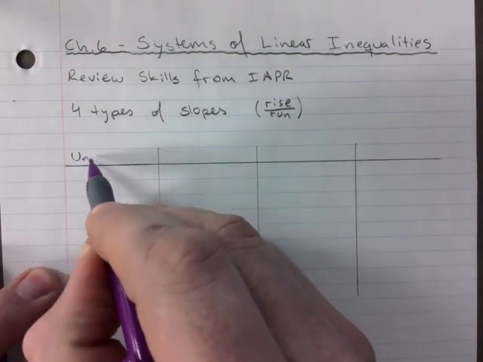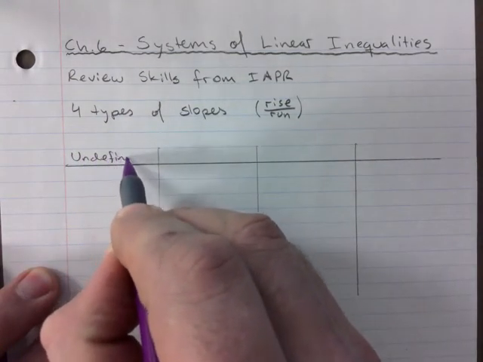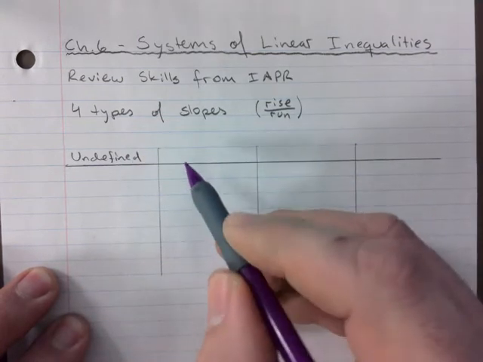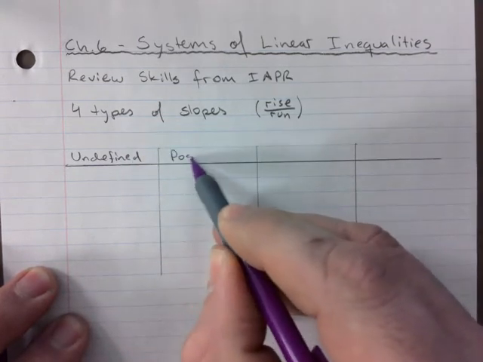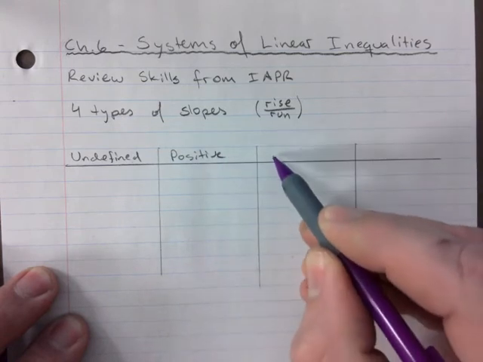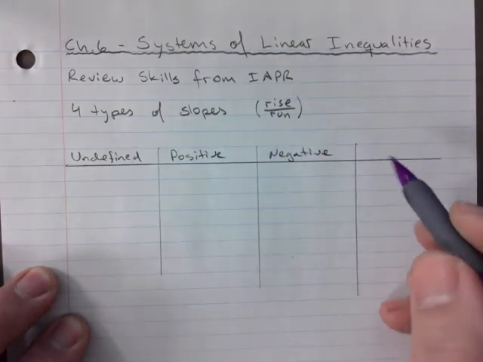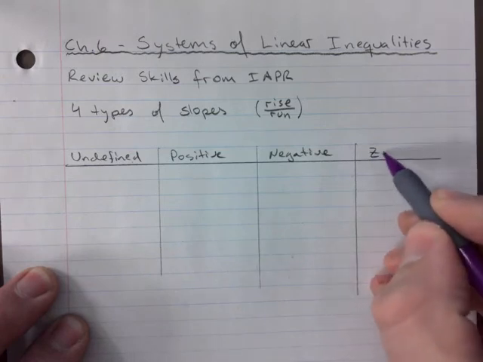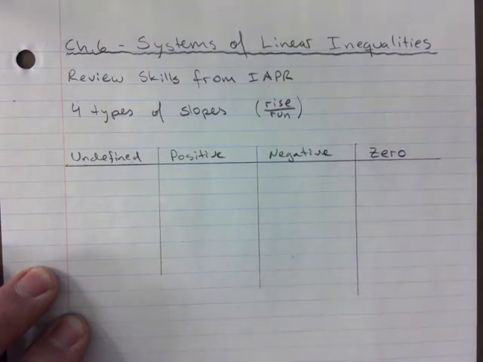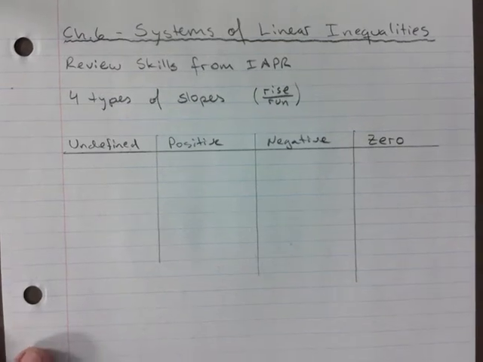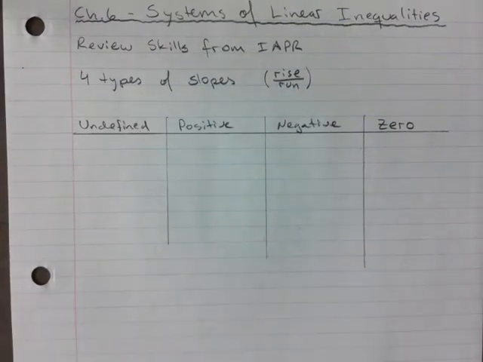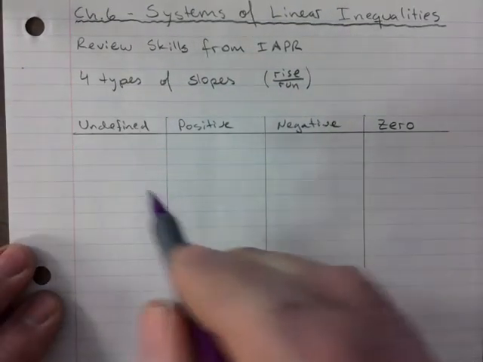So you have an undefined, a positive slope, a negative, and a 0. A lot of students mix up undefined with 0, so I'll try to make sure you don't get that wrong.